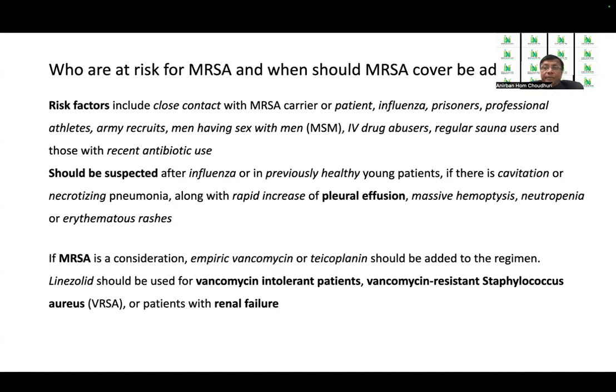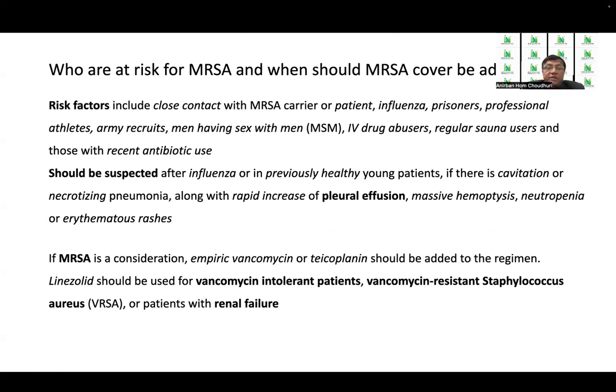Another important consideration is who are at risk of MRSA. MRSA means methicillin-resistant Staphylococcus aureus. So we know Staphylococcus aureus is one of the less common causes of community-acquired pneumonia.